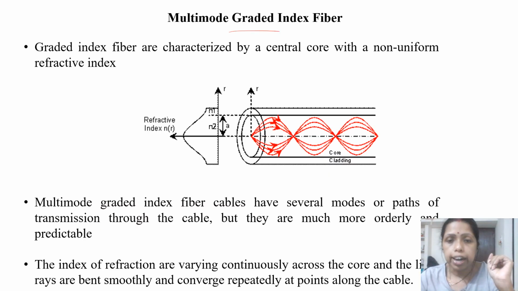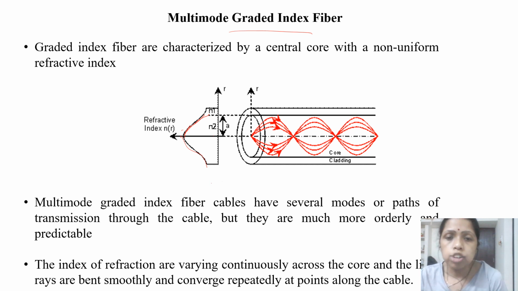Now for the case of the graded index, normally the reflecting index is gradually changing inside the core layer only. The reflecting index is not constant; it is gradually changing over the distance from the axis to the core and cladding interface. Here also you can see the reflecting index is continuously, gradually decreasing from the center to the interface of the core and cladding.